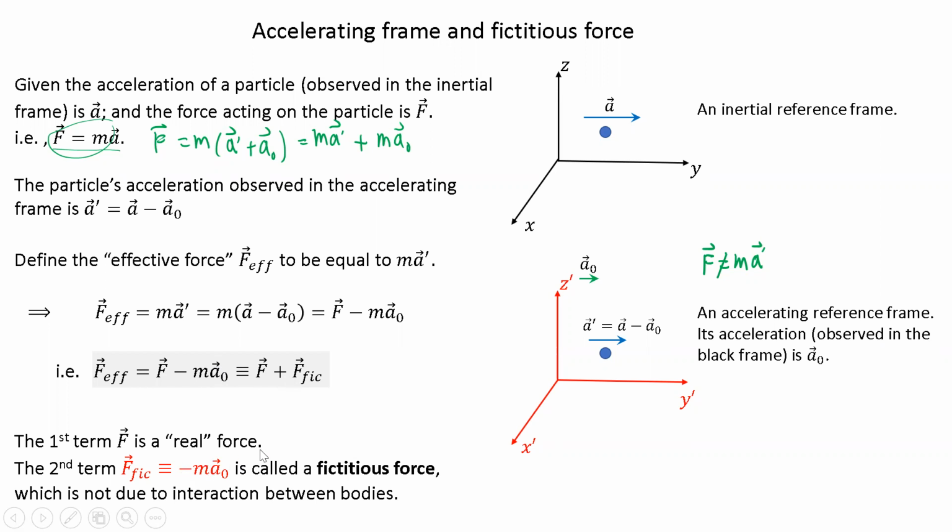This pseudo force or fictitious force has nothing to do with the interactions between different objects. It's not because something is pushing or pulling this thing. It really is just a mathematical term, so that you can still use the form F equals ma in this non-inertial frame.